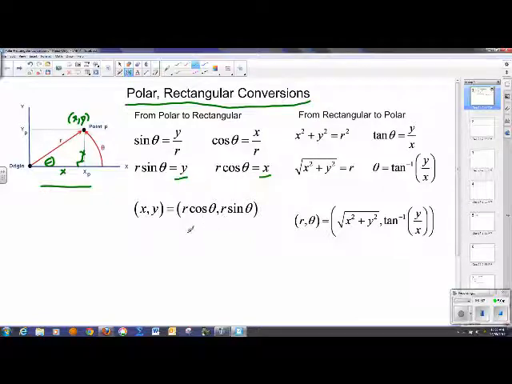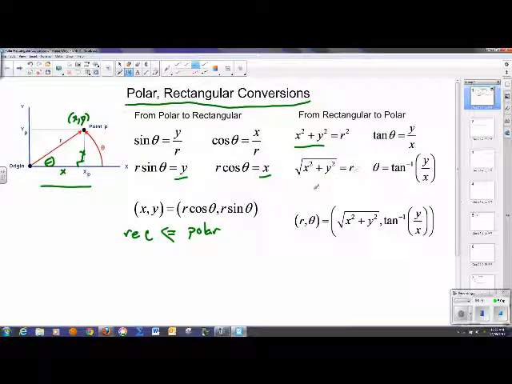So if we wanted to go from polar to rectangular, all we have to do is use this idea of r cosine theta and r sine theta to get our x and y values. Likewise, if we're given x's and y's, and we want to go to r's and thetas, we know we have a right triangle, and x squared plus y squared is r squared.